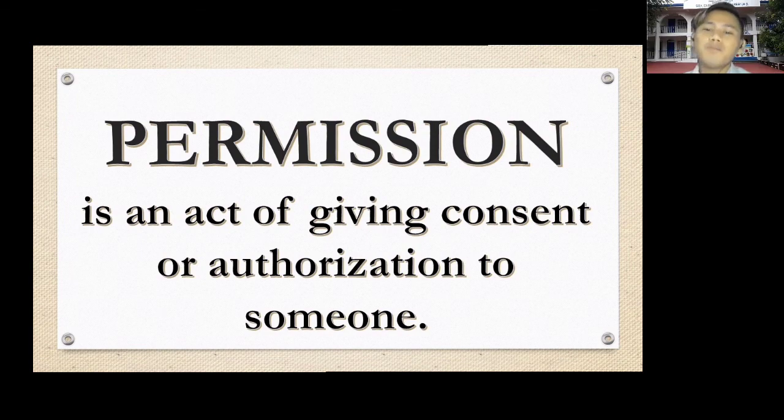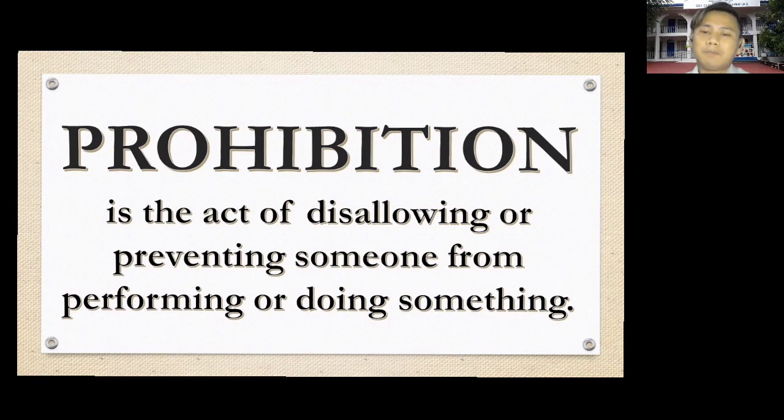What about prohibition this time? Prohibition comes from the word prohibit. When your parents are not letting you go out because there's a threat of coronavirus, you are being prohibited to go out.